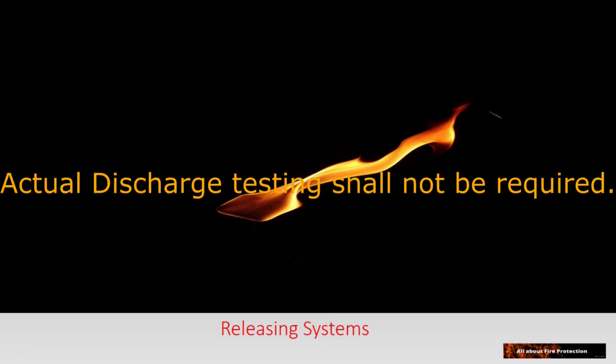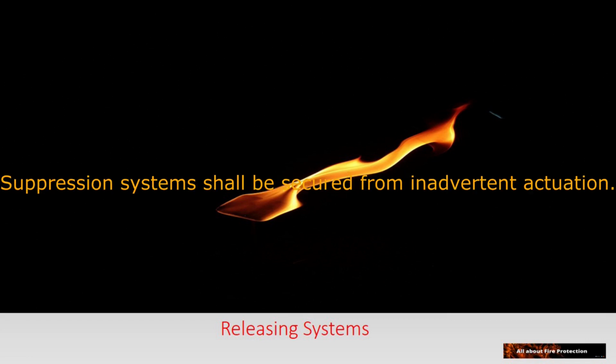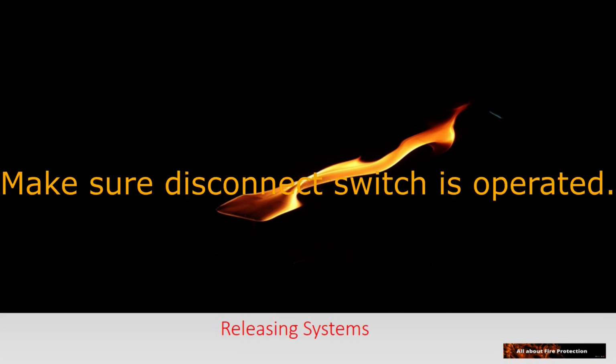Third, actual discharge testing shall not be required or necessary. Fourth, suppression system shall be secured from inadvertent actuation, including disconnection of releasing solenoids, actuators, closing of valves, or other actions for the duration of the fire alarm testing.